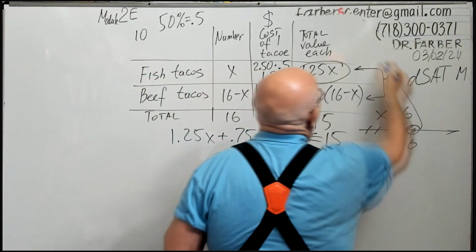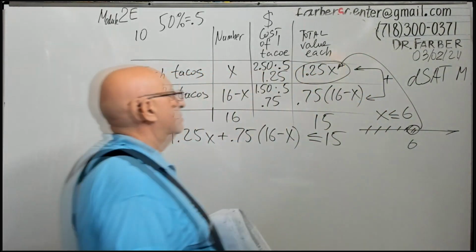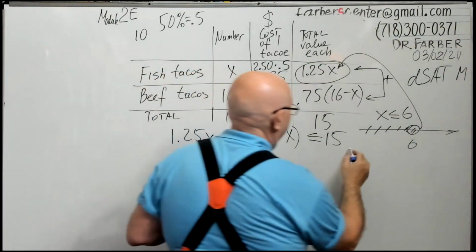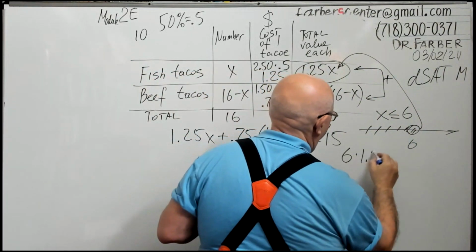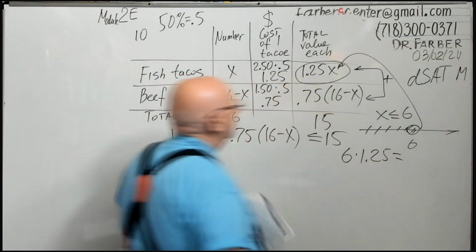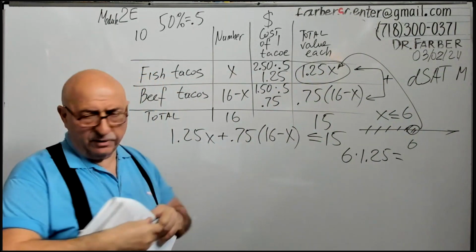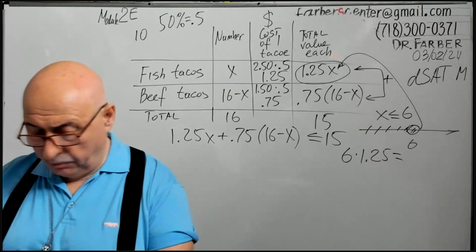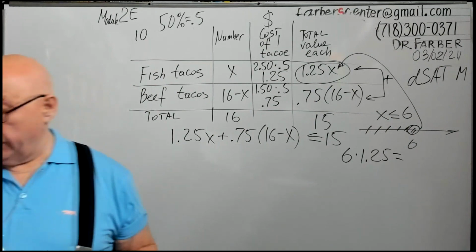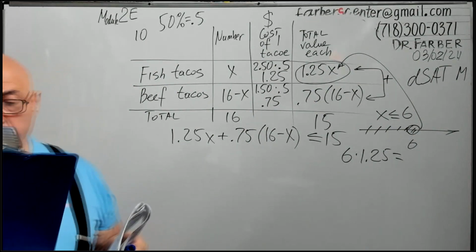You have to plug in the 6 over there. And the last step is 6 times 1.25. Okay, easy. But create matrix. Matrix help you a lot. Matrices.